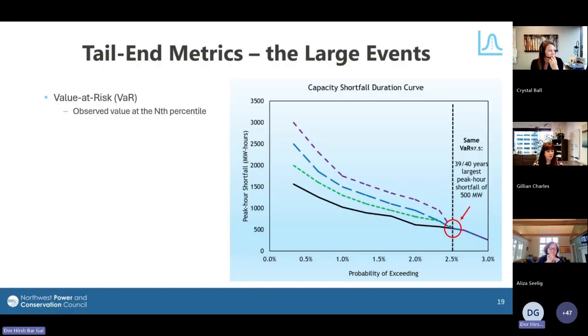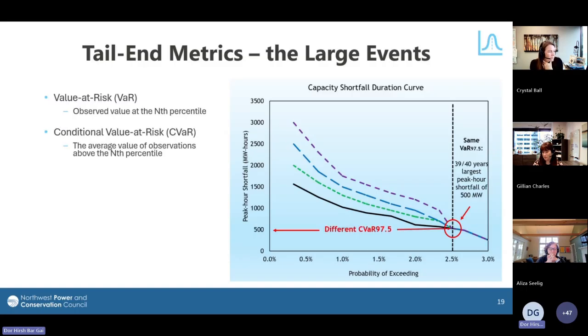Now, you will see 97.5th, but you're seeing that the x-axis is 2.5. All of these metrics could be swapped. So if I say 90th from the highest, that could be the 10th. It just depends how you're talking about it, but the mirror of 2.5 is 97.5. And so all of these share the same observed value at the nth percentile. In this case, it's 500 megawatts.